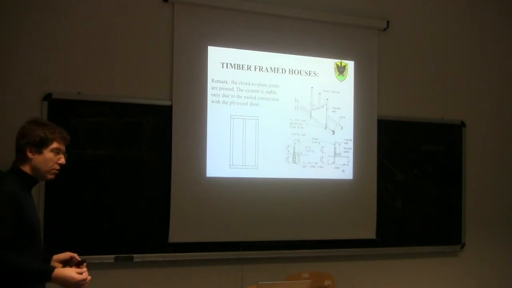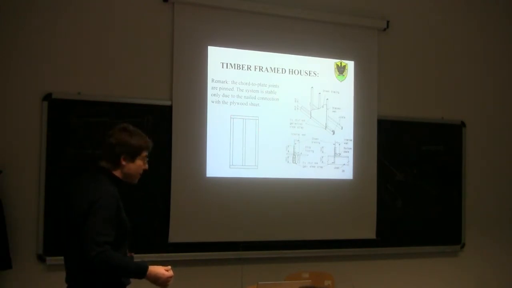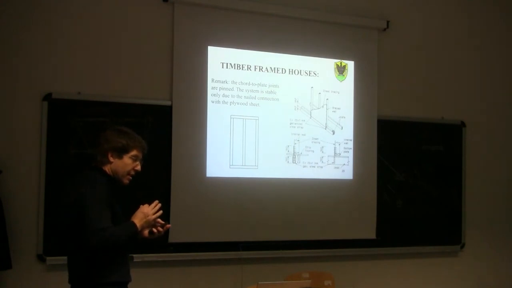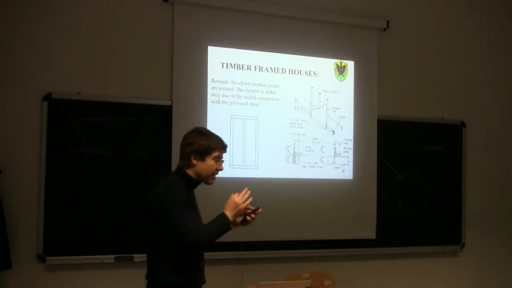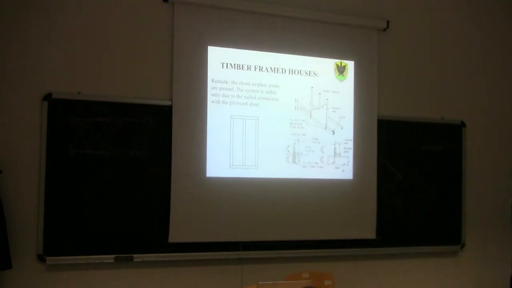What I'm saying now is what kind of connection between this frame and the sheathing can be rigid, in the sense that I wouldn't have any relative slip between the sheathing and the frame, among those that we have studied so far. The glued connection, exactly.